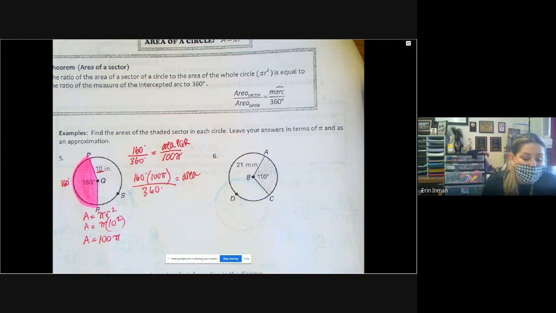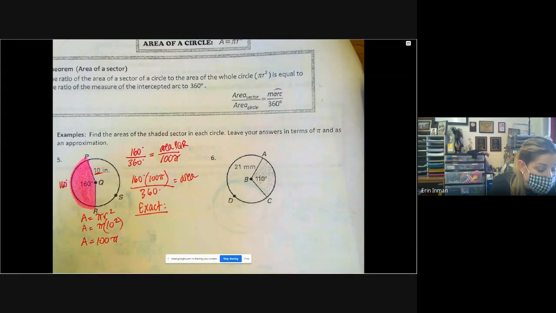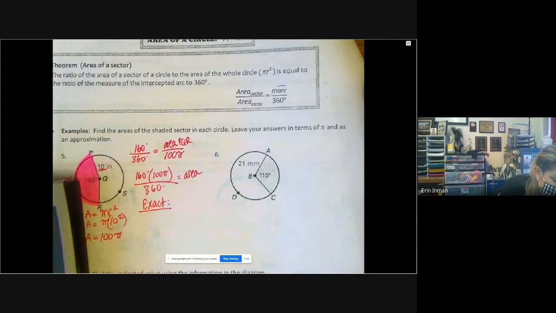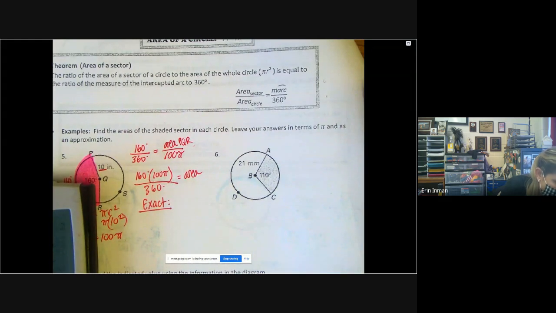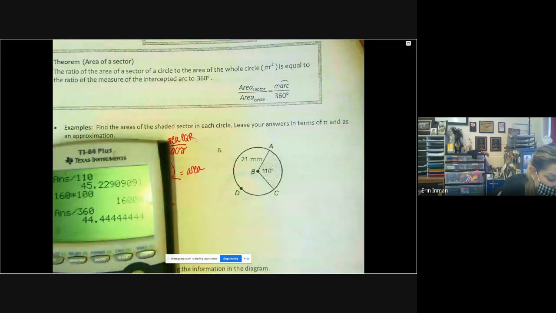Okay, if I want to leave this in terms of pi, if they ask for an exact answer, I would just type in the numbers only in my calculator, let my calculator do the work. So 160 times 100, right? Divide that by 360. I get this crazy decimal.